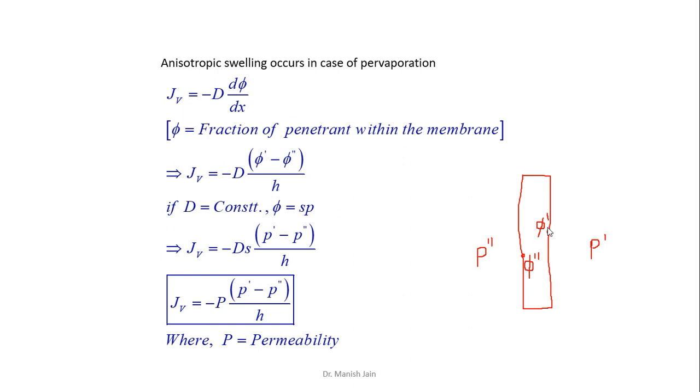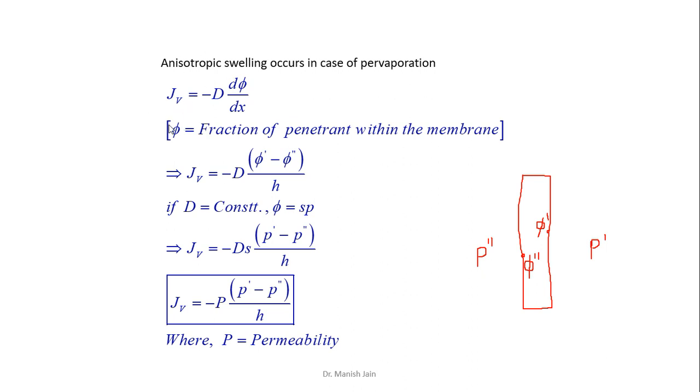So the diffusion phenomenon can be represented by Fick's law of diffusivity. So JV equal to minus D d phi by dx, where phi represents the concentration, x is the direction, D is the diffusivity, and JV is the flux.